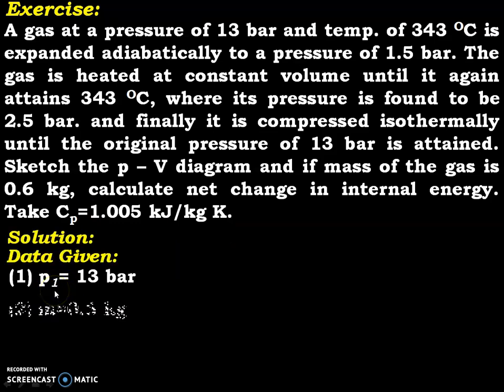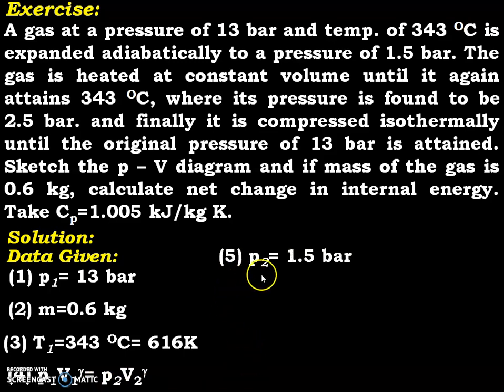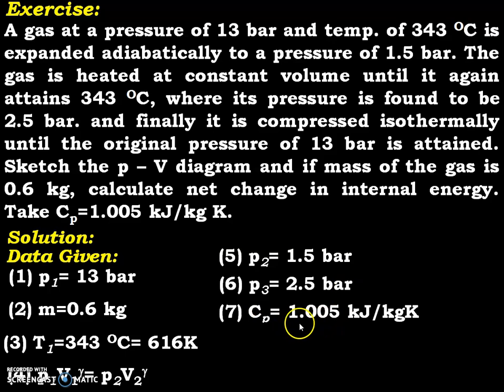Initial pressure 13 bar, mass 0.6 kilogram, initial temperature 343 degrees Celsius, that is 616 Kelvin, and the process is adiabatic, so it is P1 V1 raised to gamma equals P2 V2 raised to gamma. Then P2 is 1.5 bar, P3 is 2.5 bar, and Cp is 1.005.